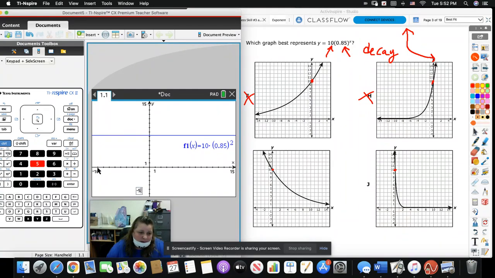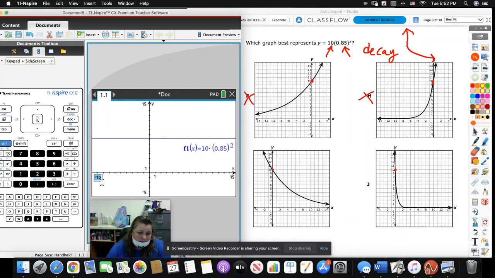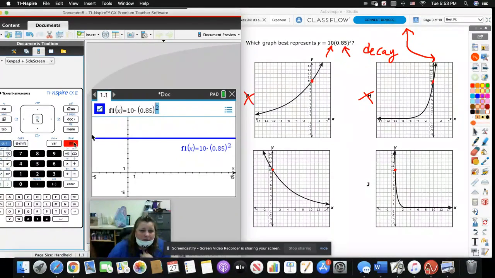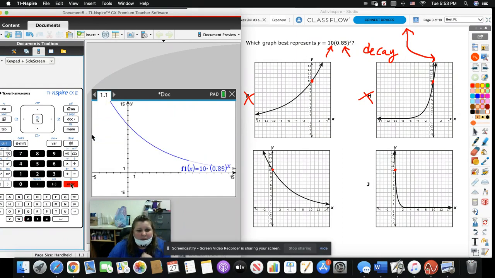And over here, -5. Enter. Oh, I made a mistake on my equation. I put squared, but it's not squared. That's the x. This should be delete, hit the caret key, and type x. That's my exponent. I have to have an x in the equation.